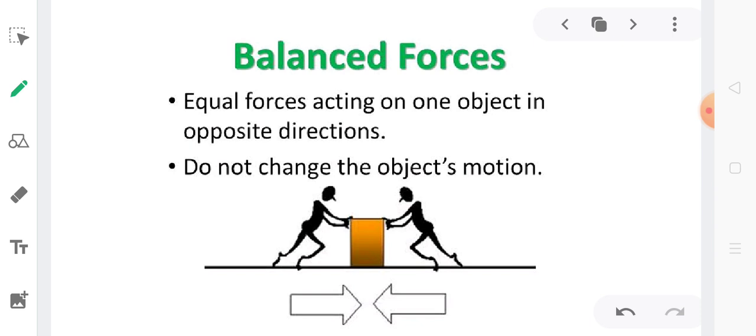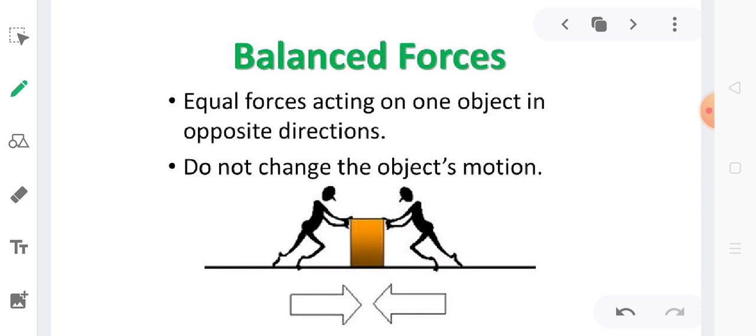So balanced forces also refers to a similar situation where forces become equal. Like in the case of a common balance that you observe in a grocery store, the masses of the objects on both sides of the pans become equal. Similarly, in balanced forces, forces acting on one object become equal.